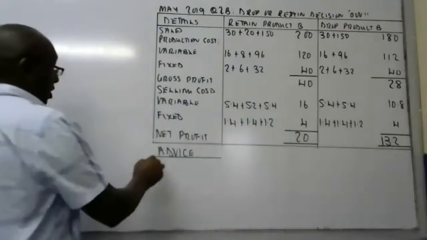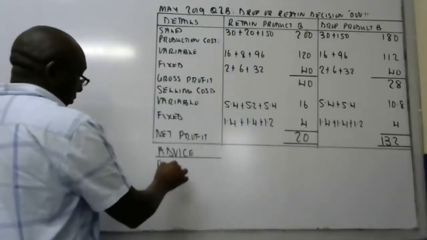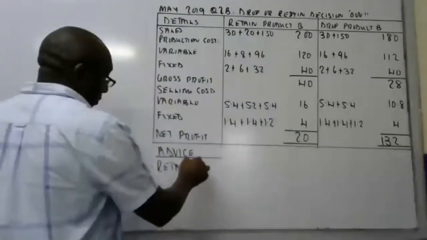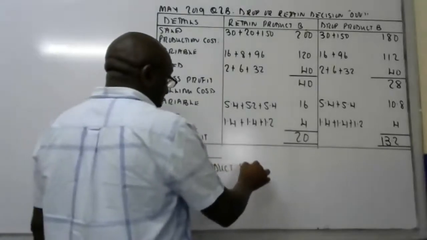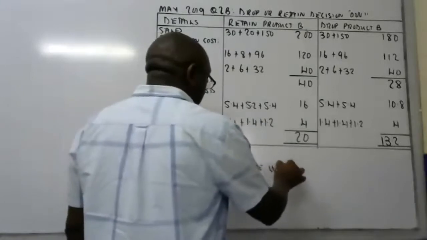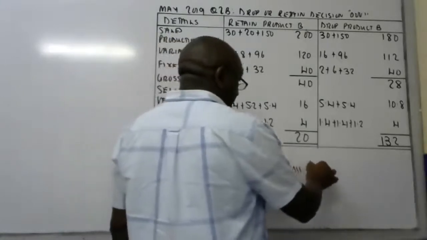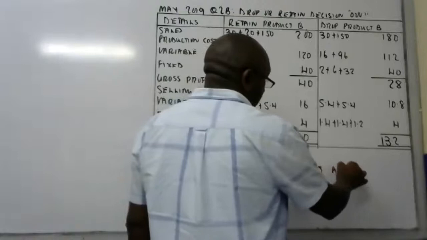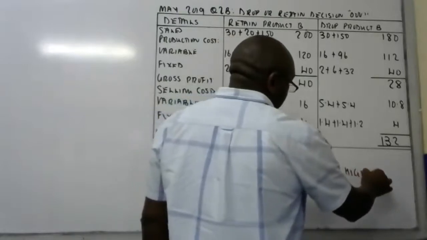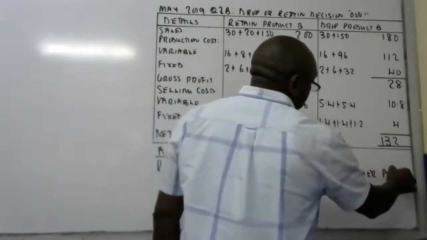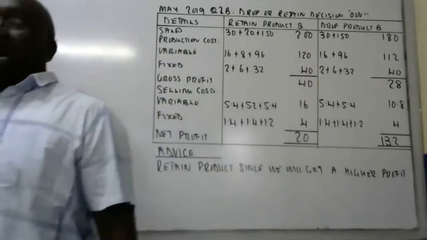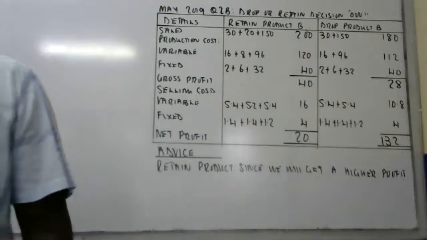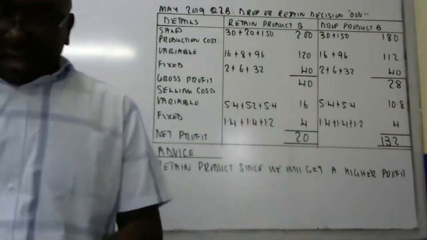Mohammed, we should retain product B, since we will get a higher profit. We should retain that product because we shall get a higher profit.